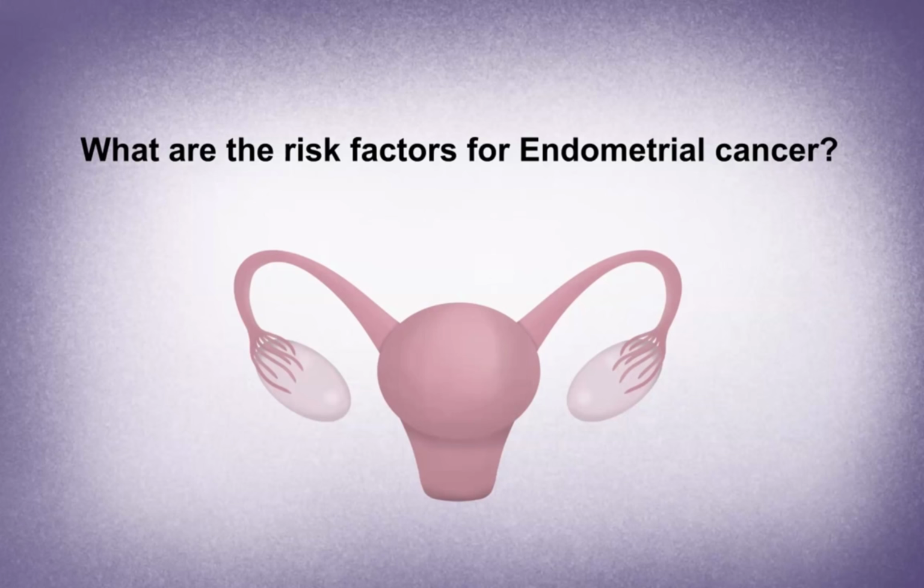So you don't have as much exposure to estrogen during that time. Another one is obesity. And that makes sense because estrogen is converted peripherally from androgens to estrogen in fat cells. In addition to that, starting periods early, early menarche, makes sense because you're having a longer period of estrogen exposure. And then also starting menopause quite late as well.